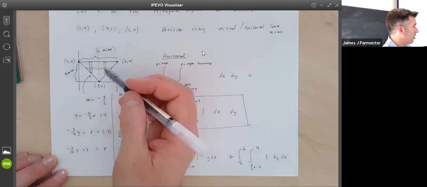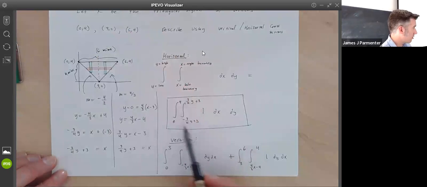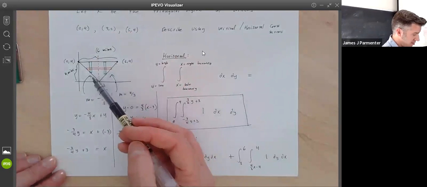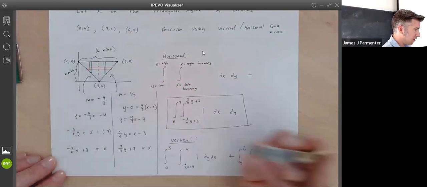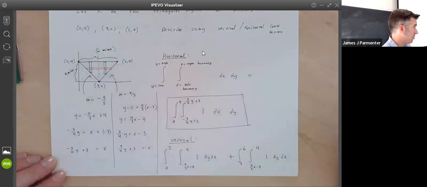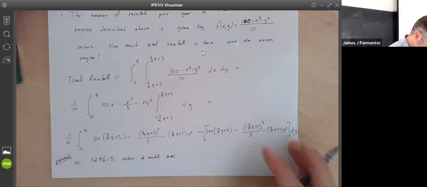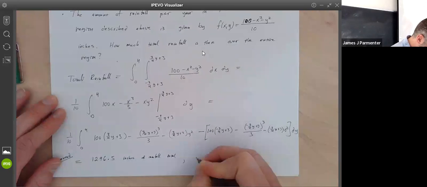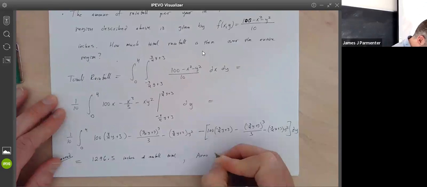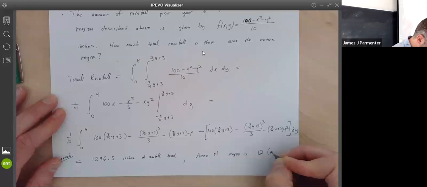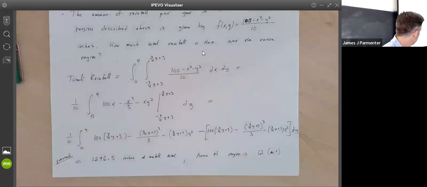You could calculate this area the hard way, or you could do this double integral. Or not, right? That's a triangle. The base is 6, the height is 4. The area is 1/2 times 6 times 4, which is 12. So the area of my region is 12 square miles, if you care about the units.